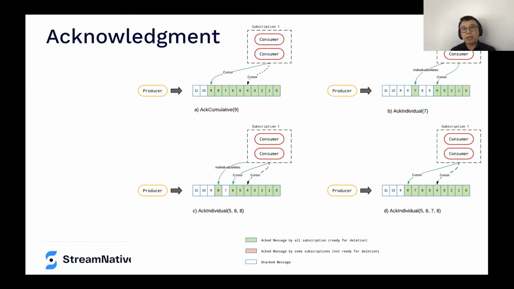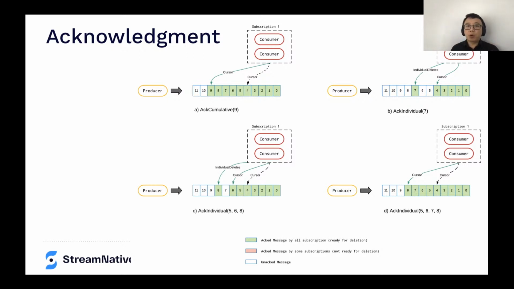So in Pulsar, there are two types of acknowledgement. One is acknowledge cumulatively. It's diagram A. In this diagram there is a cumulative line. Basically, it means all the messages before 9, including 9, are already acknowledged, already confirmed, and ready for deletion.